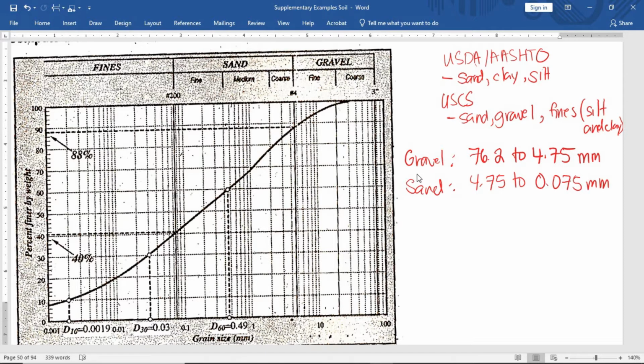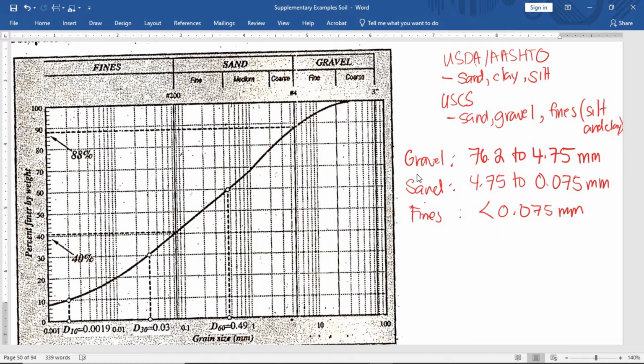Tapos, ang fines natin na pinagsamang silt and clay is lesser than 0.075 mm. So, ang una nating gagawin is maghahanap tayo ng percent ng sand, gravel, and fines.